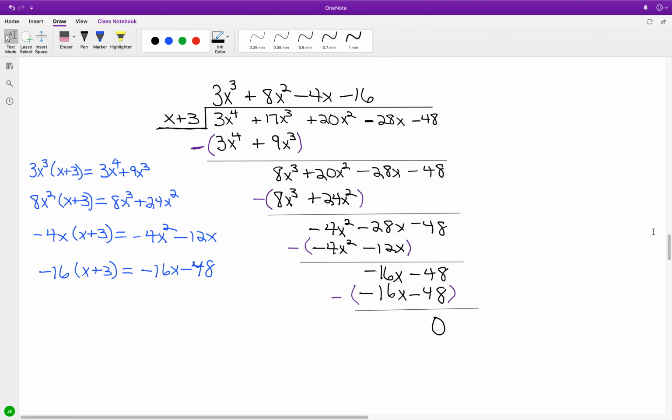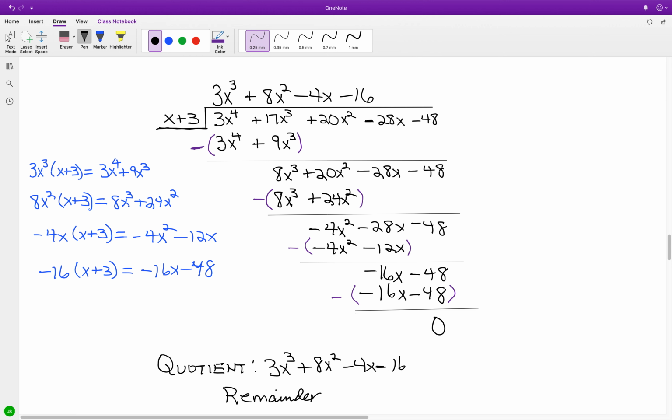So just for the terms I just formed, for the quotient, that is going to be 3x cubed plus 8x squared minus 4x minus 16. And for the remainder, this is the last result, so that is going to be 0.